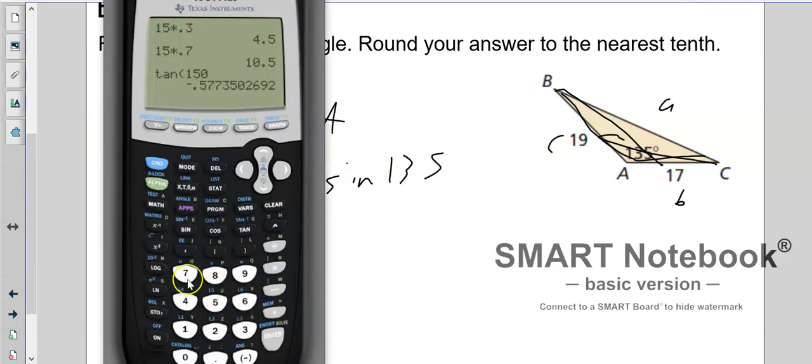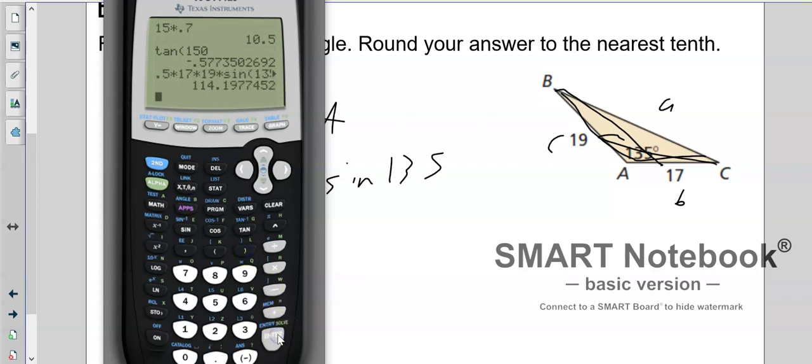Okay? And then you just type that in your calculator. Okay? So you can go in any order you want. 1/2, you can just put that as 0.5 times 17 times 19 times, and then you just type in sine 135. The parentheses doesn't matter if you put it at the end.